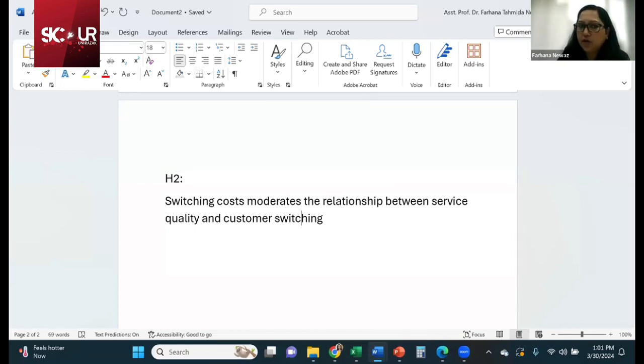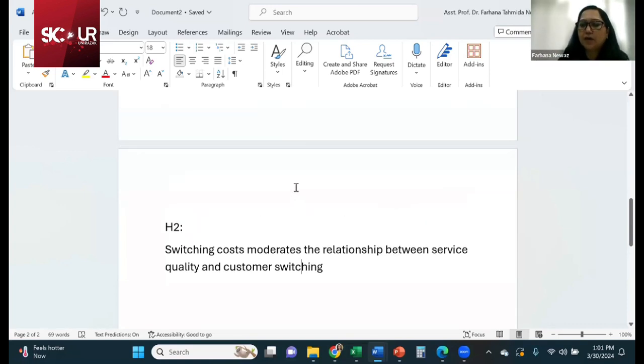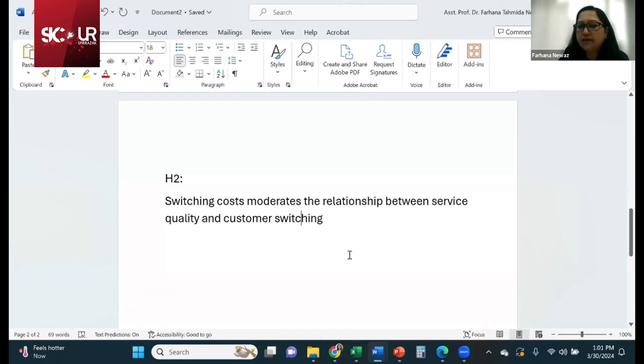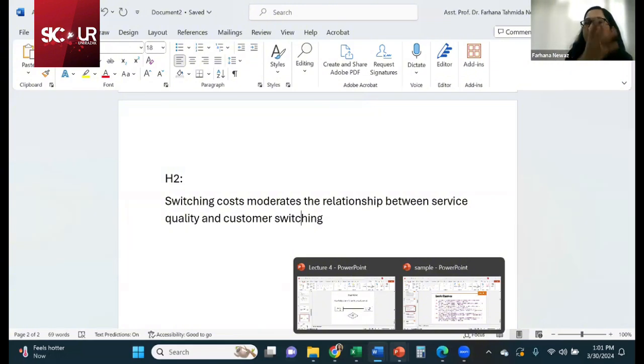When you use a moderator, you need to make sure there is a category. For example, you can see the result of the relationship between variables for the male group or the female group, for the young generation or the older generation.